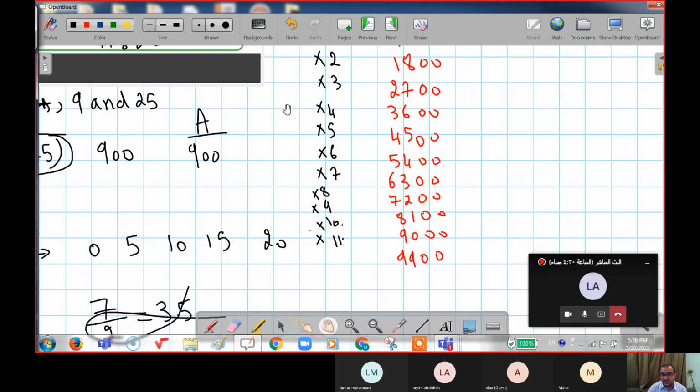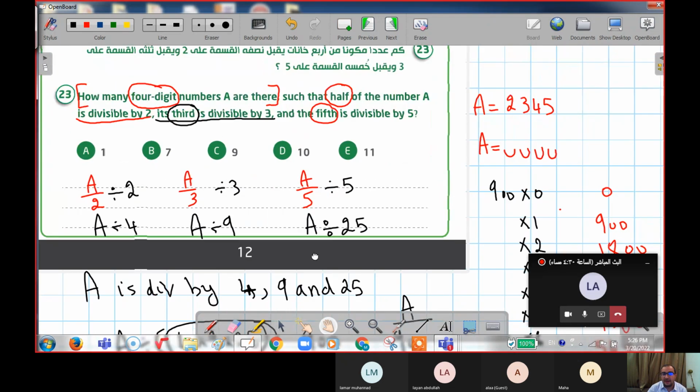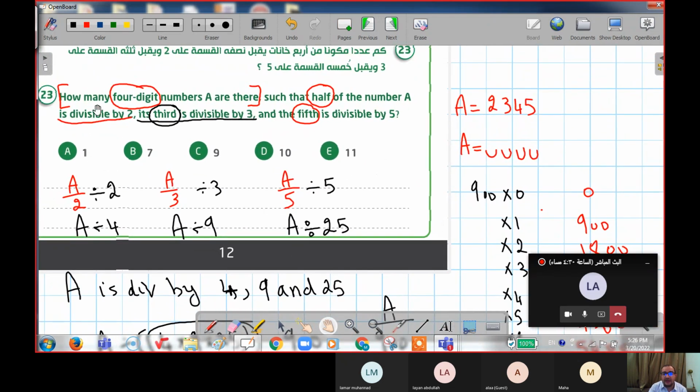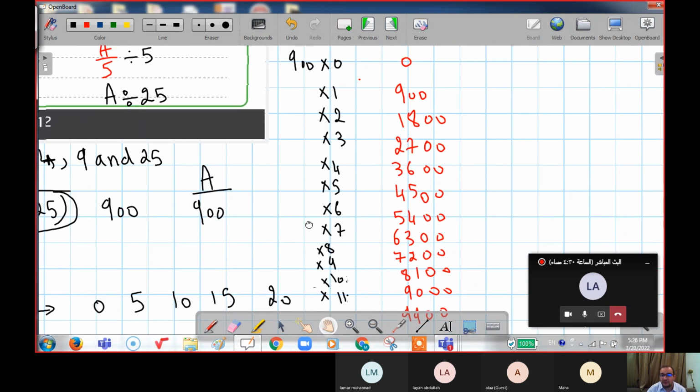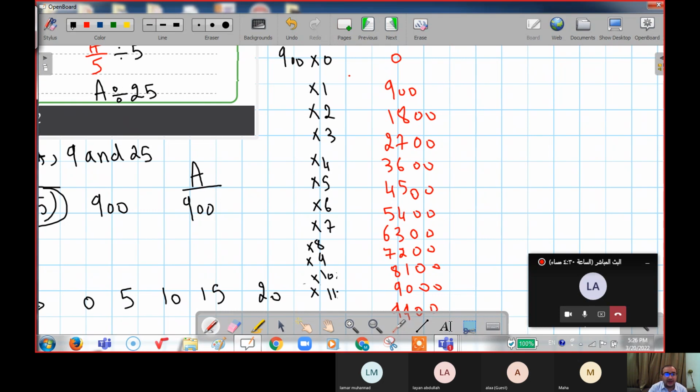Why? Because in the question, it says that A must have how many digits? Only 4. So when I count our answers, I cannot count 0 or 900.